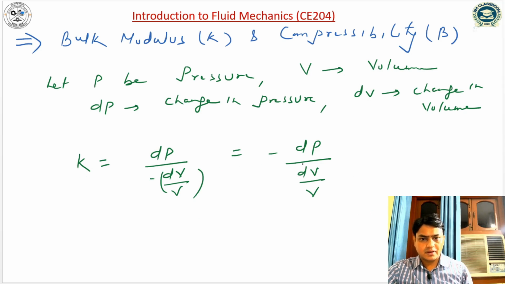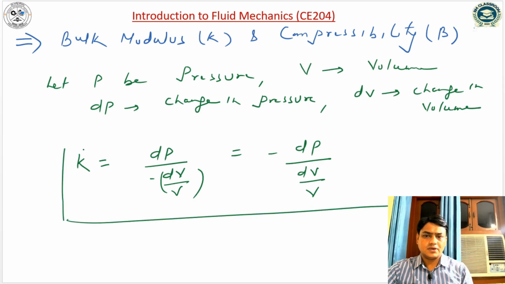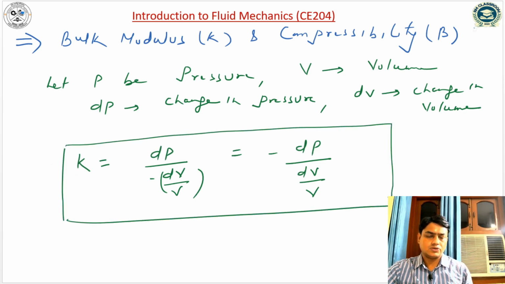Bulk modulus can also be written in terms of density. We know that mass is equal to density into volume, and that is constant.